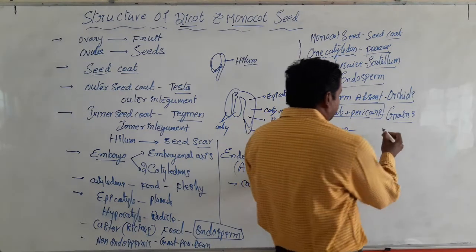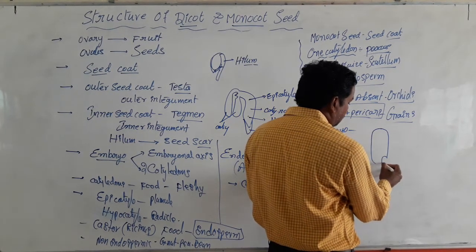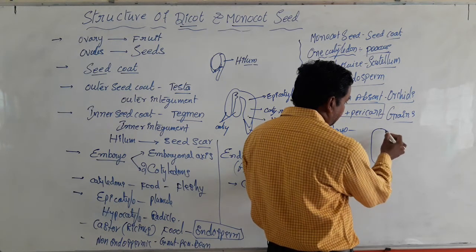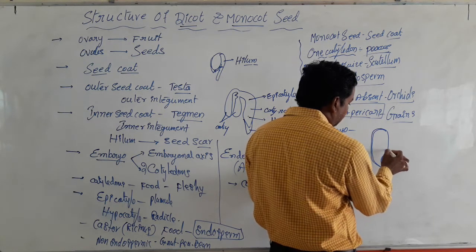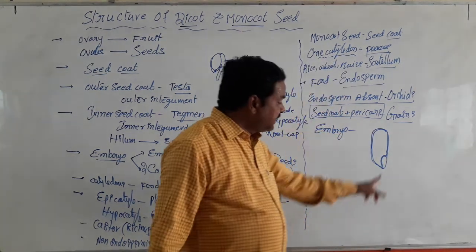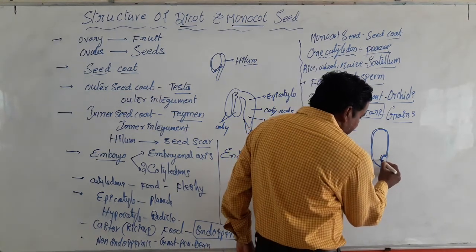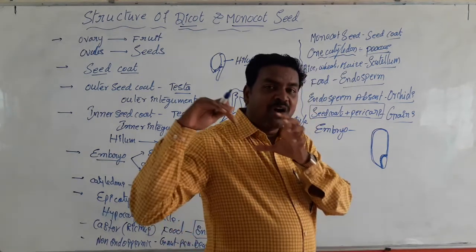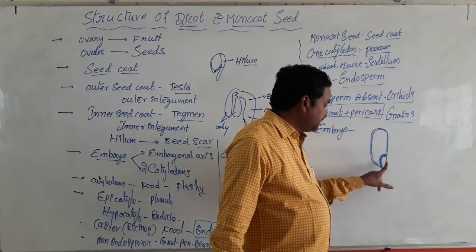For example, this is the seed of maize, or the seed of rice. This is the embryo. This embryo is covered and protected, and is present in a small groove at one end of the seed.